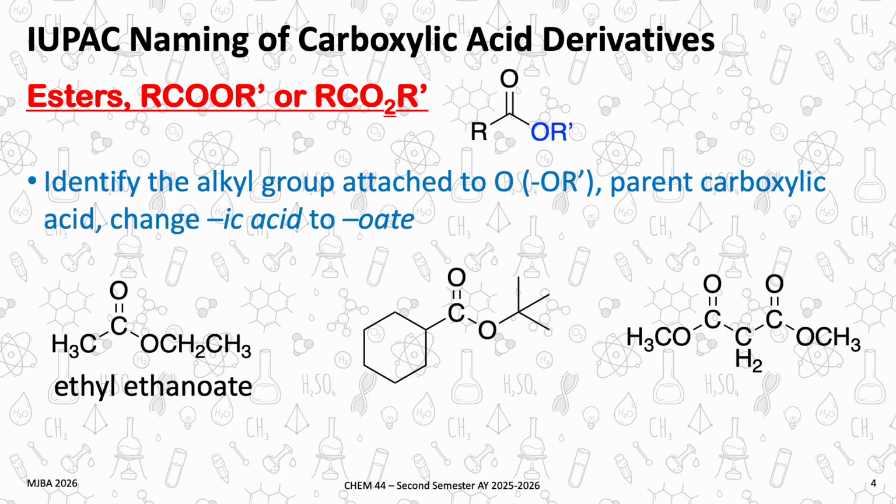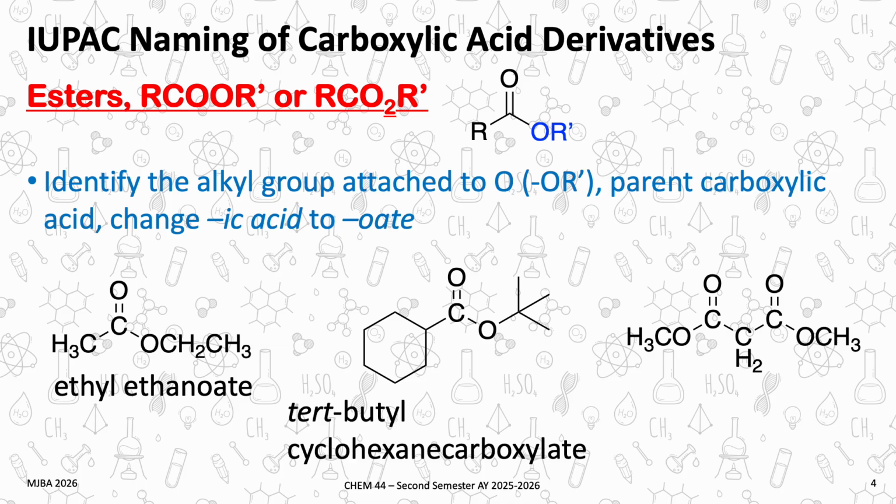For the second example, the name of this group is tert-butyl. And the carboxylic acid that bears the cyclohexane substituent, with the carboxylic acid attached to the ring, is cyclohexane carboxylic acid.